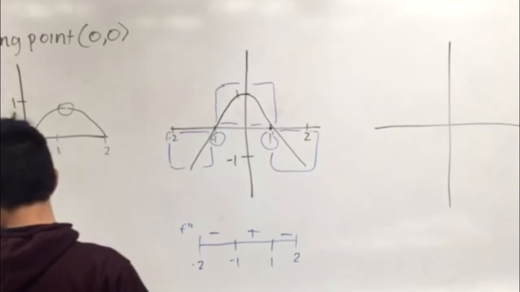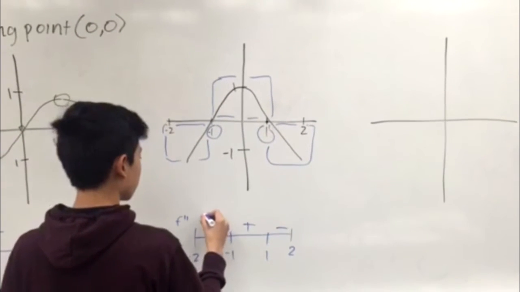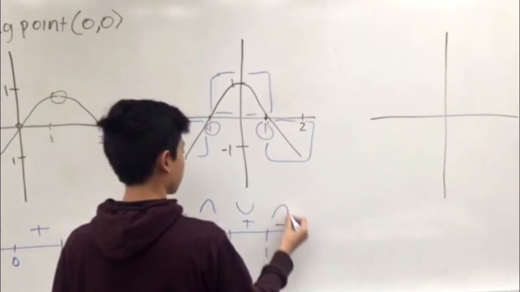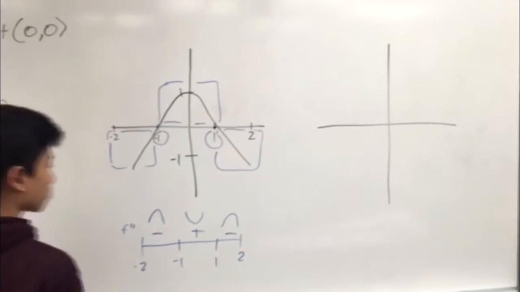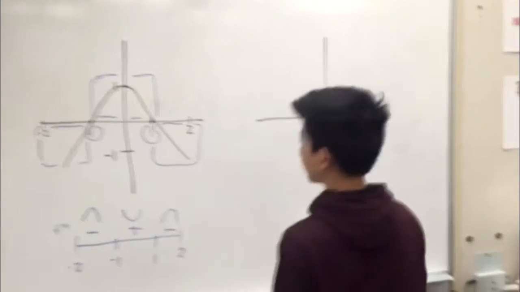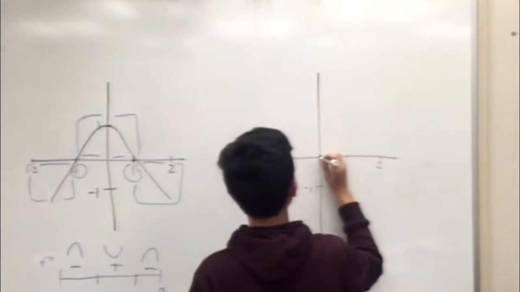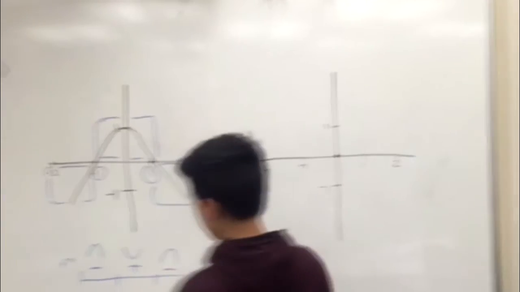Basically, this is gonna tell us our concavity, so it's gonna be concaving downward from -2 to -1, upward from -1 to 1, and downward from 1 to 2. Alright, so we have enough information to graph the first one. It says the starting point's at 0, 0.